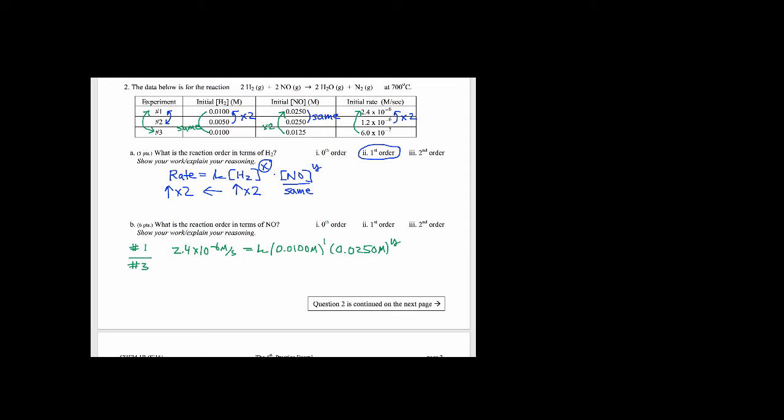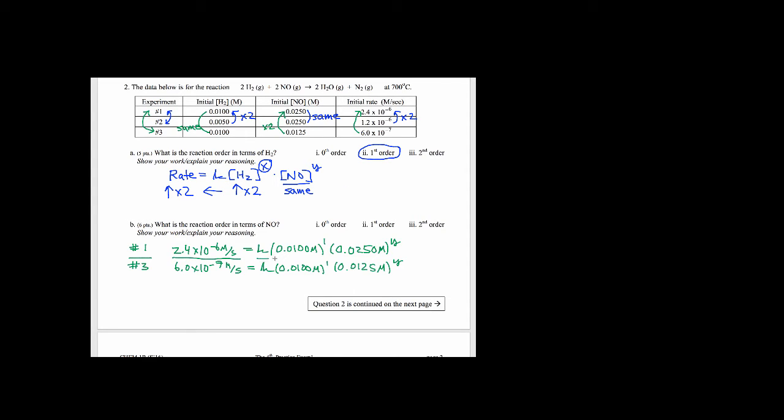For the third trial, the rate is 6.0 times 10 to the minus 7th molar per second. That's equal to the rate constant K times the same concentration, 0.0100 molar of H2, and then times the smaller 0.0125 molar concentration of NO, and that's the Y power.